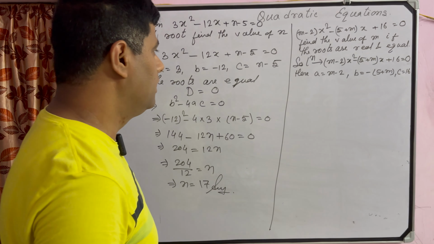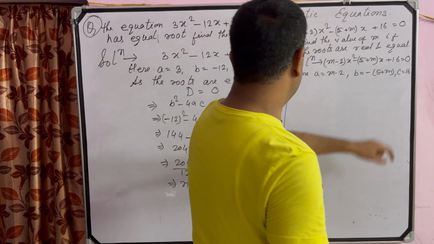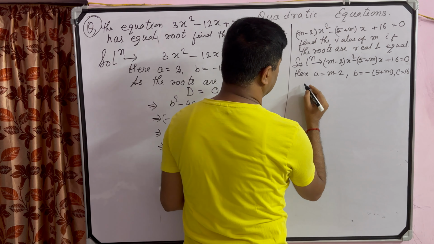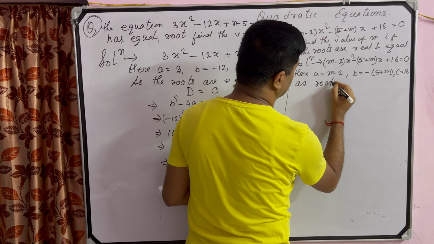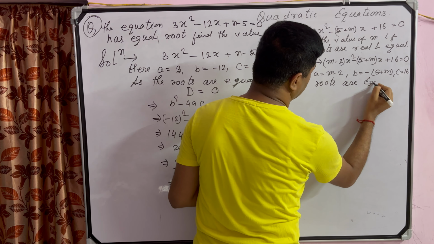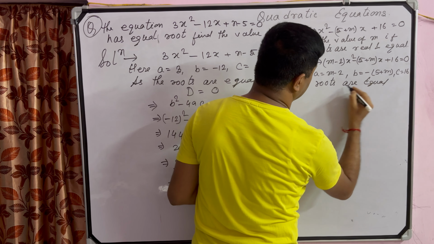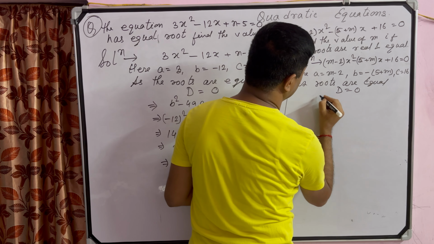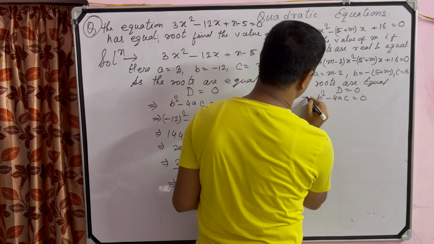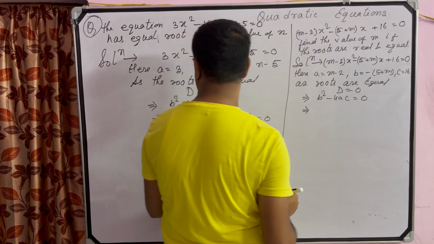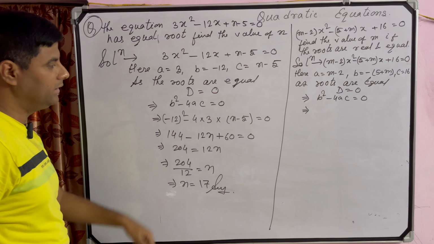Okay. You know, because the roots are real and equal, so what we'll say? We'll say that as roots are equal, can I say that d equal to 0, and d is what? b square minus 4ac equals to 0. The same thing as I have done here.